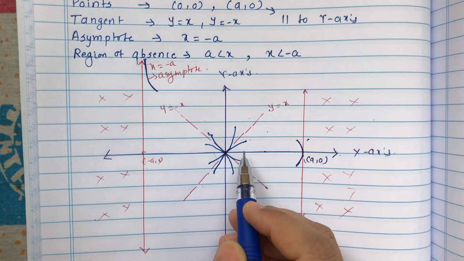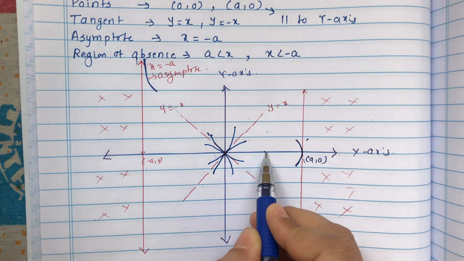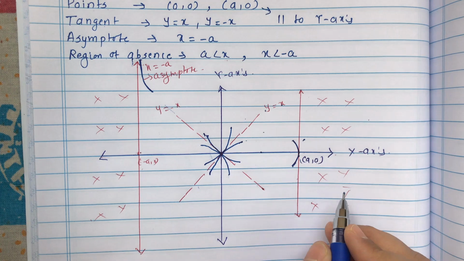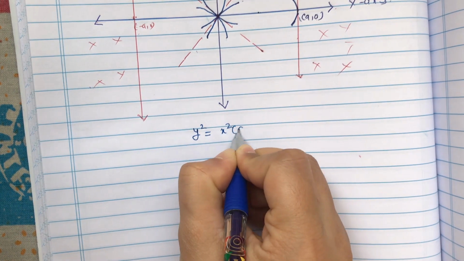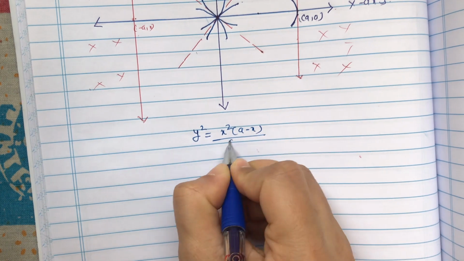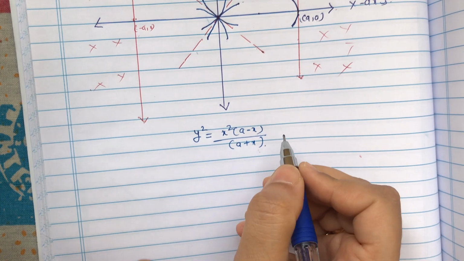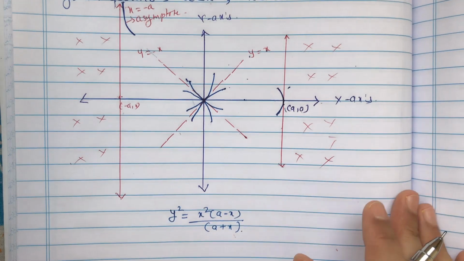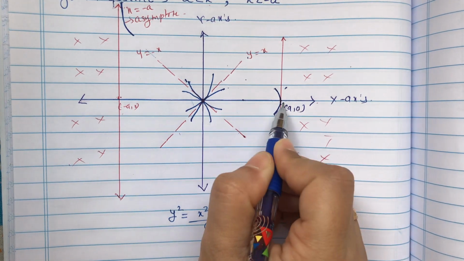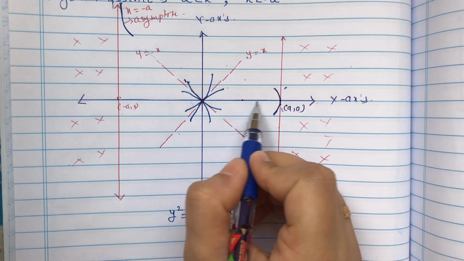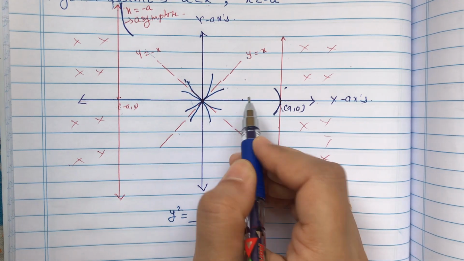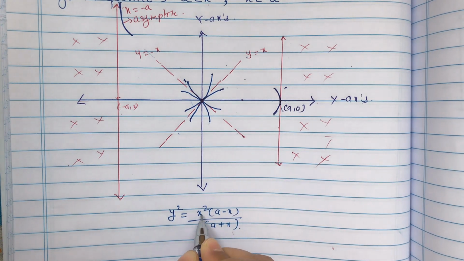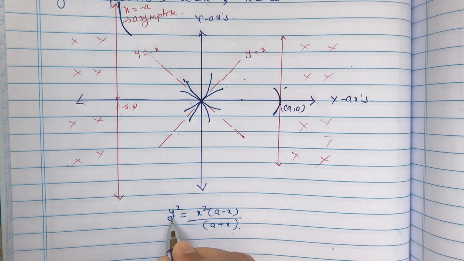So the simple solution is that we will calculate a middle point. So what is our equation? y square is equal to x square into a minus x divided by a plus x. Now as I said, don't take an arbitrary measurement. We have taken 4 centimeters, so the middle will be 2, so we will put x is equal to 2 and find the corresponding y.